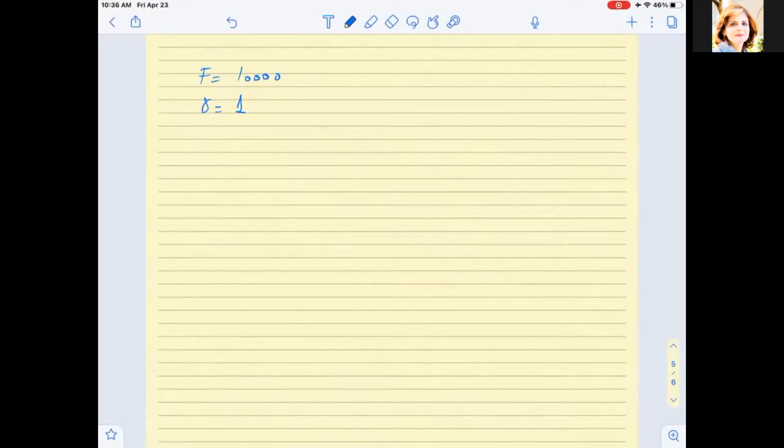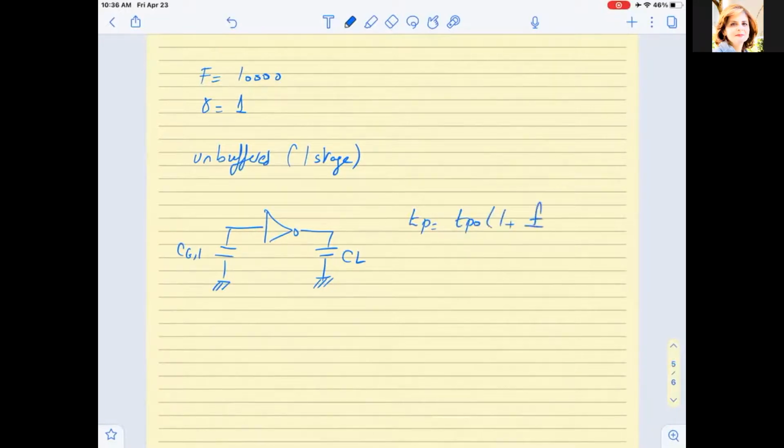The first implementation is the unbuffered case. Of course, here I have one stage, an inverter driving the capacitor. So I have this inverter, this is its input cap, this is its load cap, and this is CG1. The delay for one stage will be equal to TP0 into 1 plus F over gamma. So therefore TP over TP0 will be equal to 1 plus F over gamma.